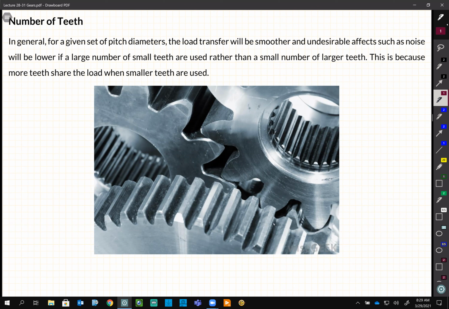It's more like when you are walking up a stairs, if the number of steps is more, you're going to have a smoother motion, but it's going to be, of course, slower, maybe less efficient, right? Let's say if your step is small, or let's say if you have big steps.